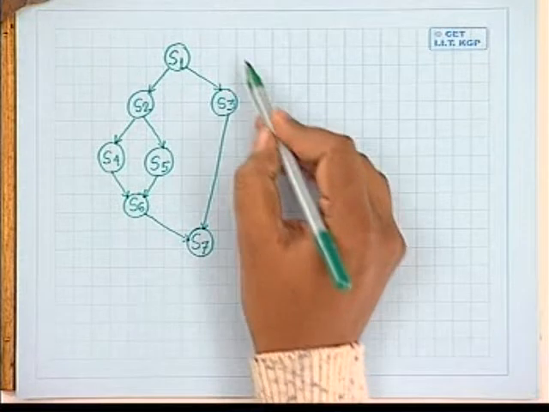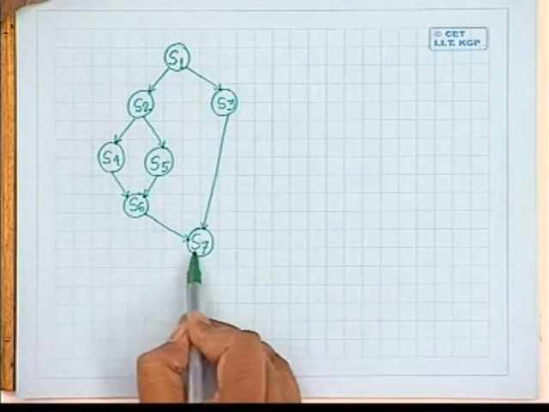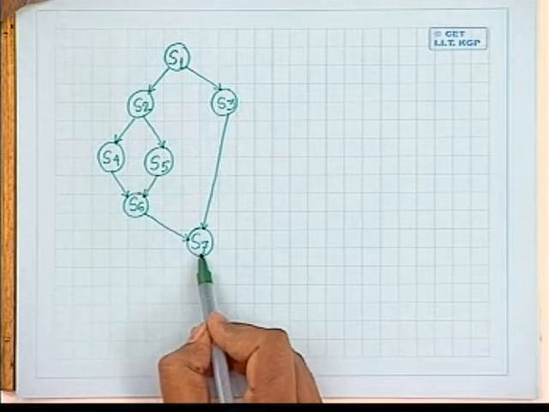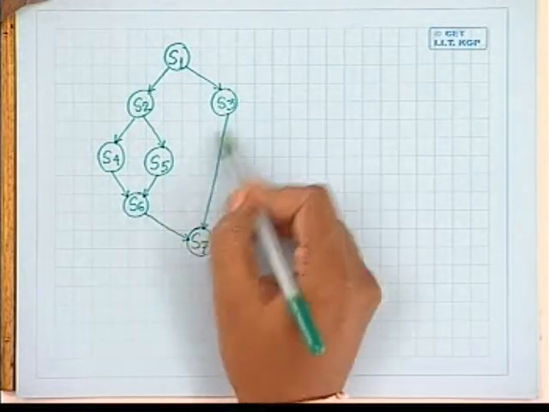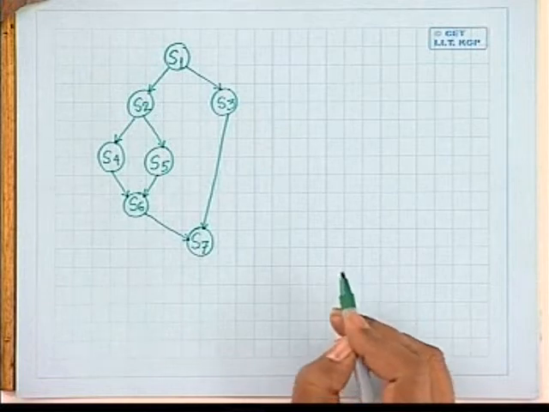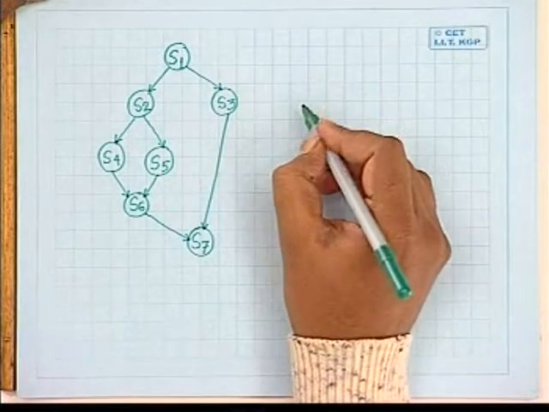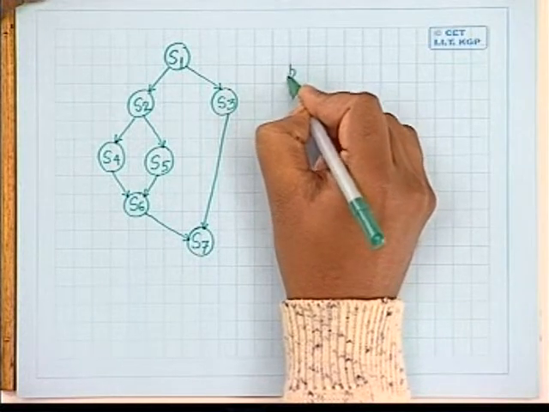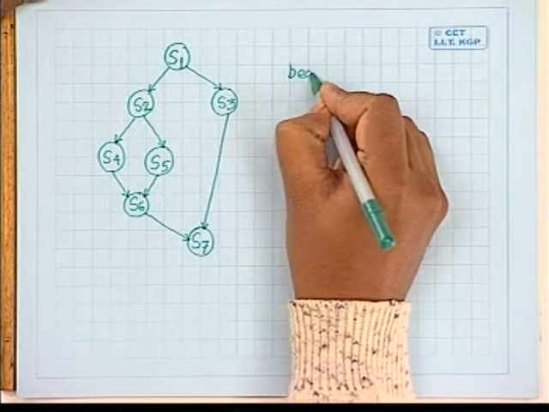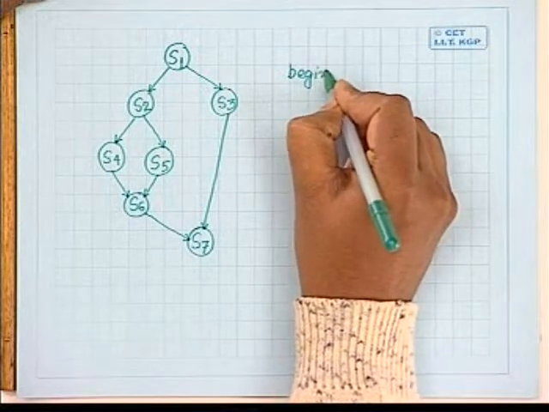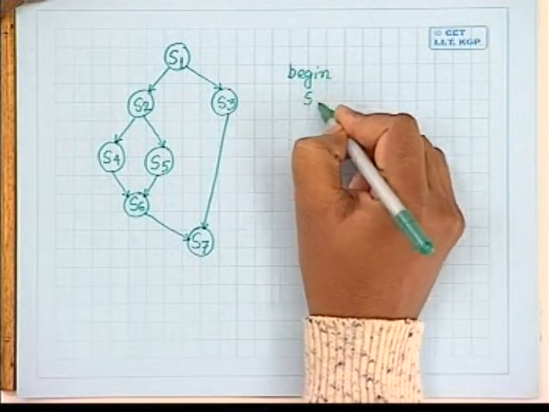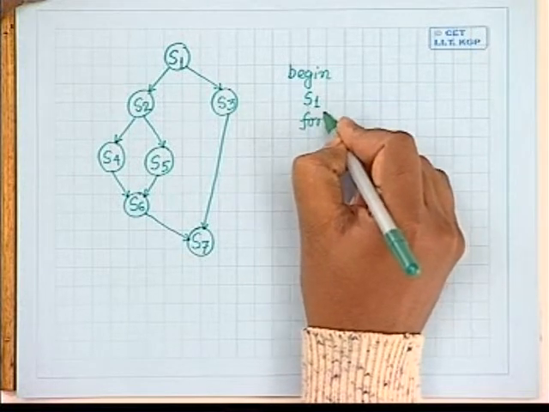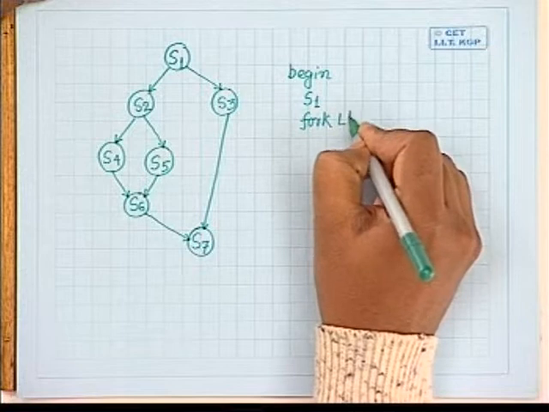How can we write it? You find that there are 2 points where the processes are to be joined. Here 2 processes are to be joined. Here also 2 processes are to be joined. So I can write a very simple fork join structure for this. I start with begin, then S1, then fork L1.